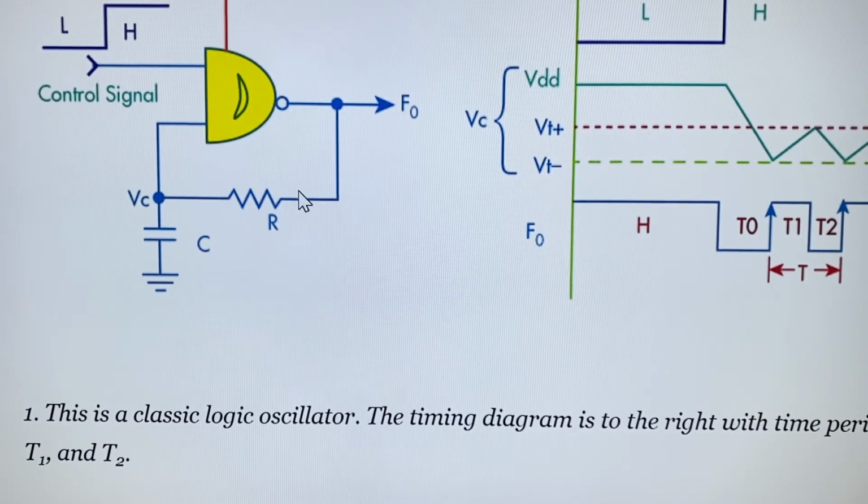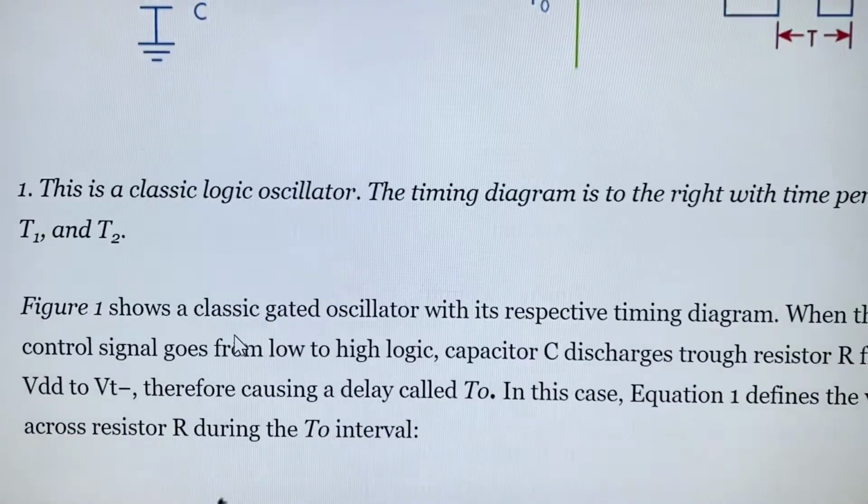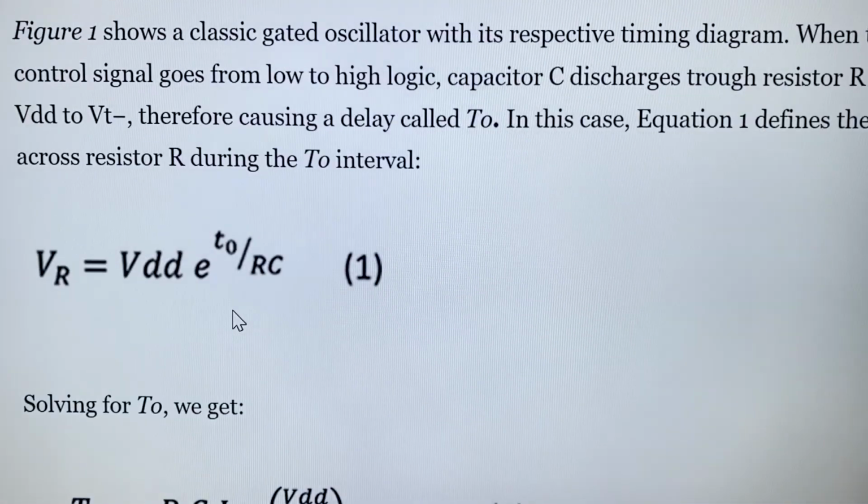So the current goes to ground, and that current is equal to VDD over R. And so the resistor's voltage is equal to the power supply voltage times e to the negative T0 over RC. Right here it has to be negative.